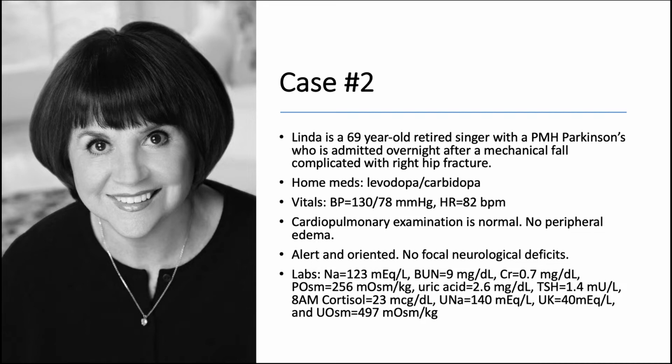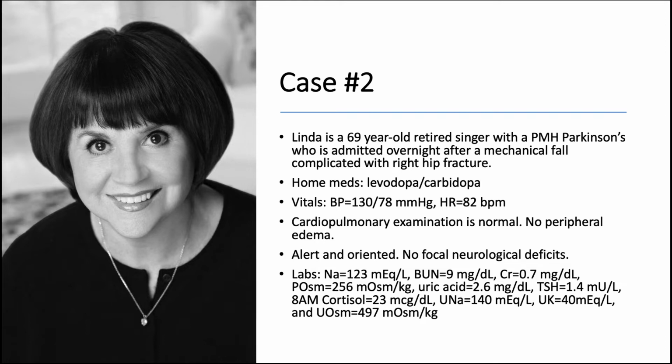So we rule out the usuals, which is normal kidney function, BUN of 9, creatinine of 0.7, TSH is 1.4, which is normal, and the cortisol is 23, effectively rules out adrenal insufficiency. So this is most likely SIADH, and you have a couple of extra data there. Your uric acid is 2.6, which is low, also strongly suggesting SIADH. So this looks like SIADH, right?